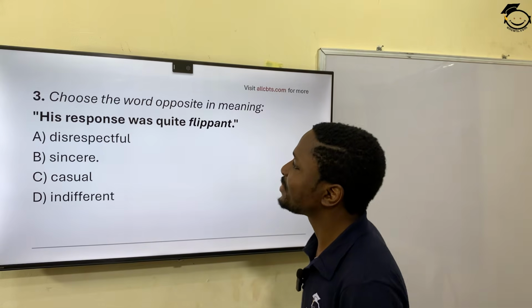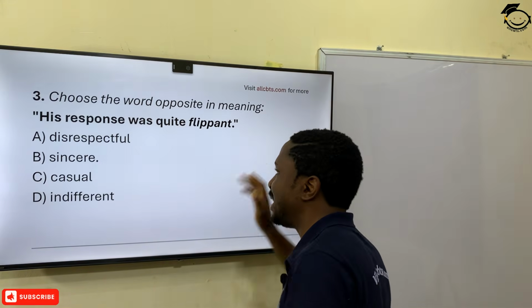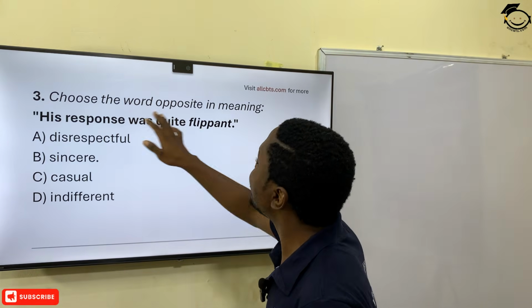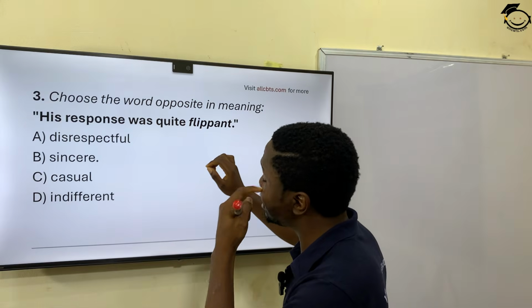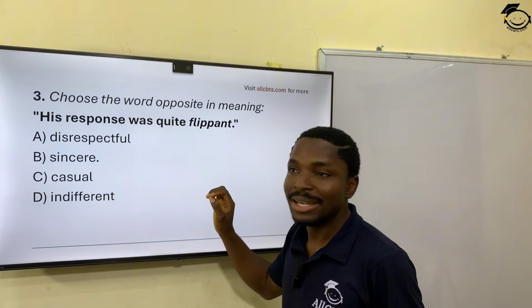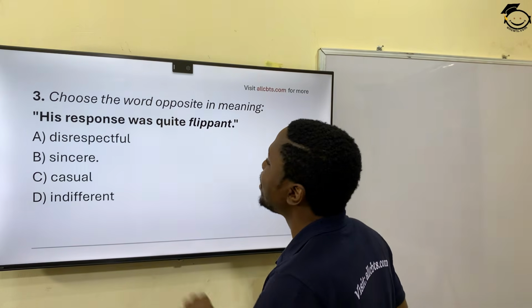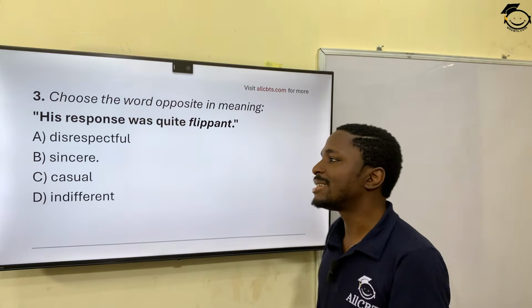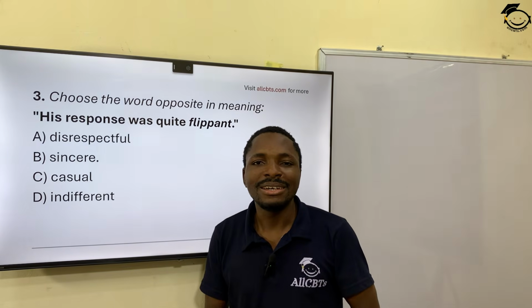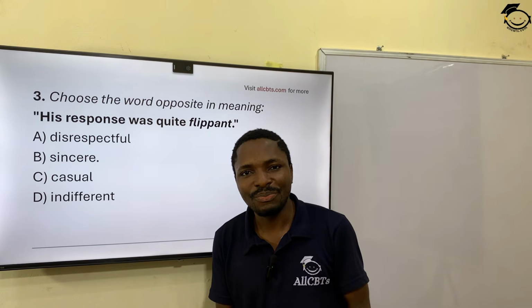Question 3. Choose the word opposite in meaning. What's the word we are to get the opposite of? It will be flippant, because flippant is in italics. His response was quite flippant. That means kind of insincere, not truthful.